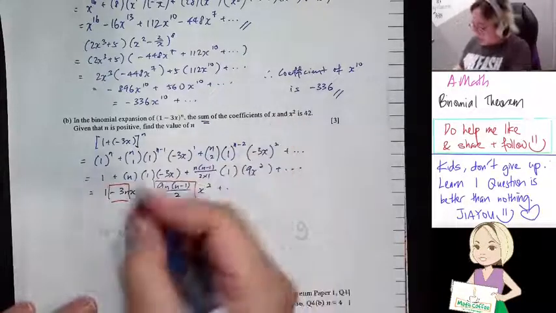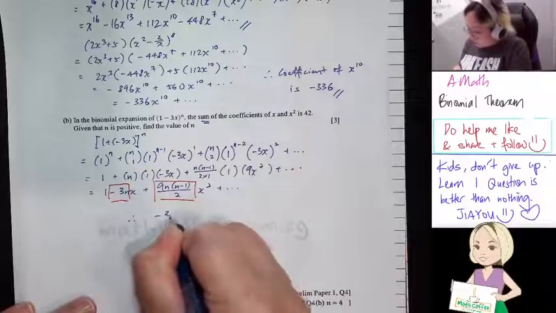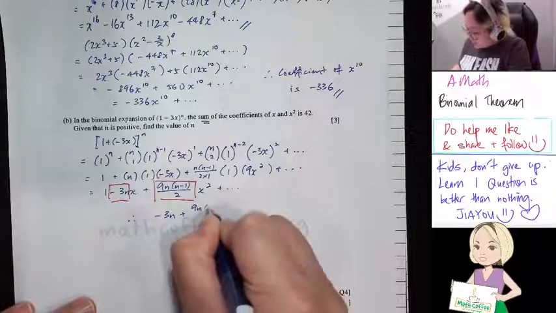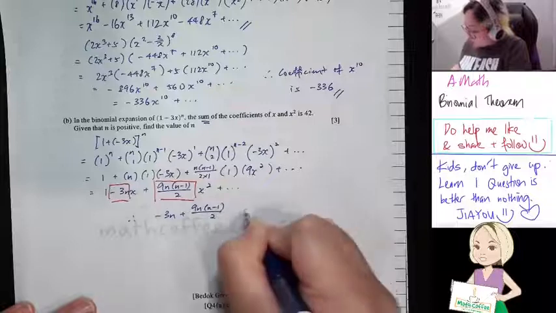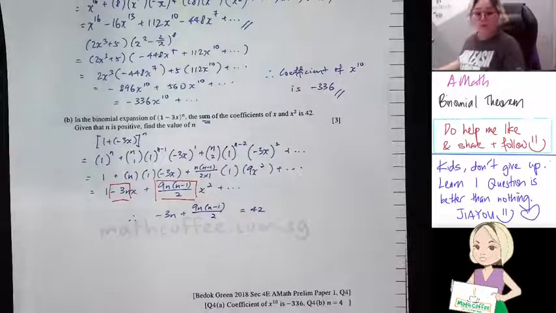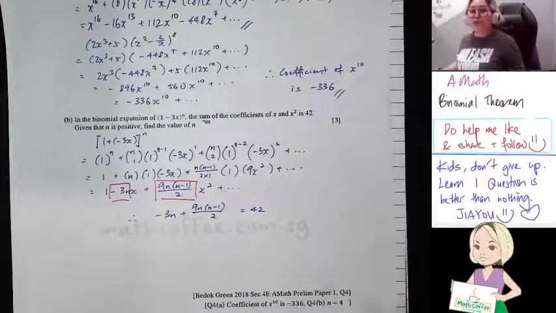So I will have, therefore, minus 3n plus 9n(n minus 1) over 2 equals 42. So now it becomes an equation solving for n. Binomial is Sec 3 A Math.